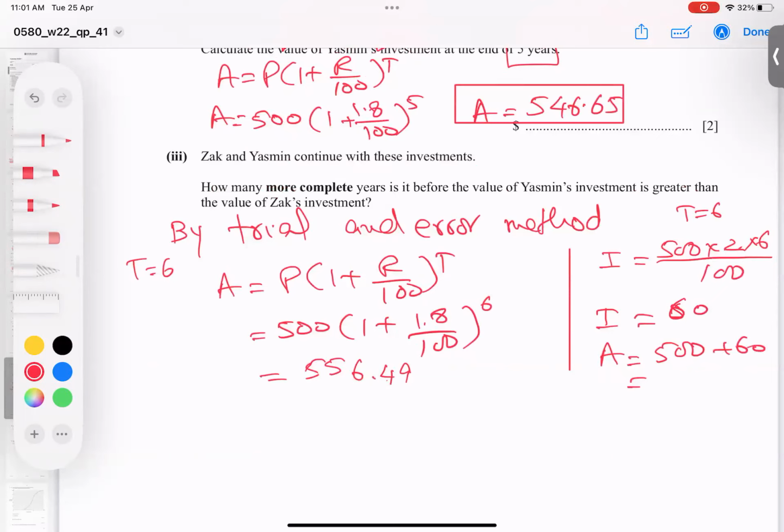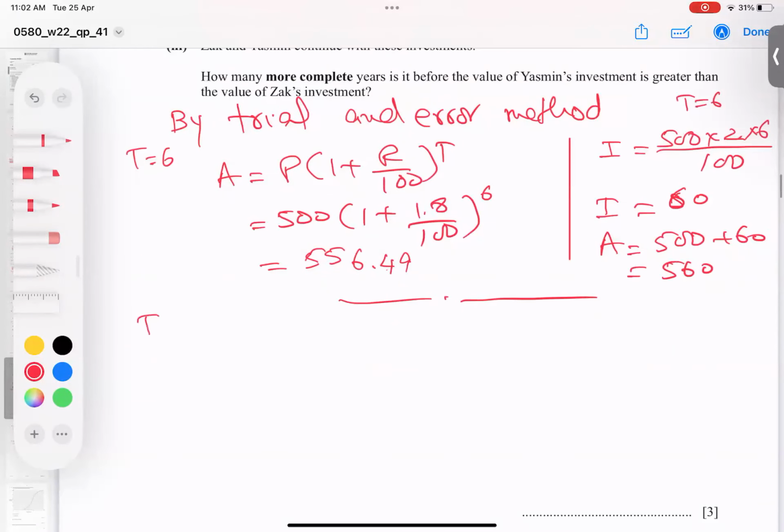If I add 60, I get 560. You see, still it is less than that. Now I check with 7. So with 7, what answer turns out? We have to show working like this.